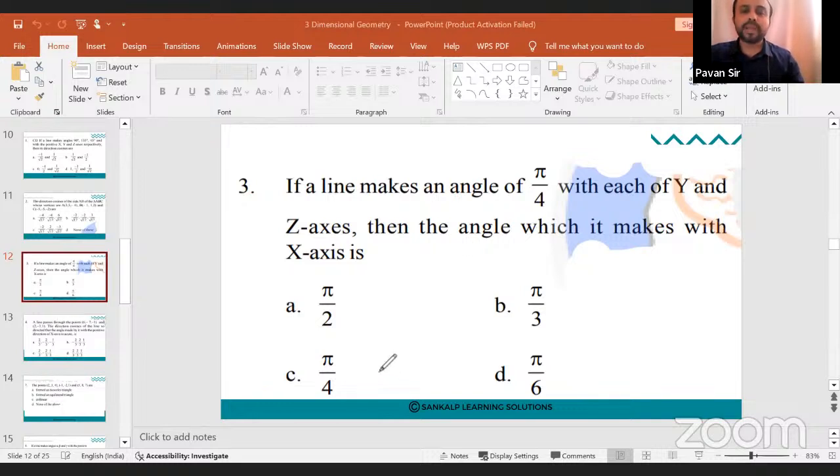Pi by 2, pi by 3, pi by 4 and pi by 6 are the options. Try to get the answer. Option A pi by 2, option B pi by 3, option C pi by 4, option D pi by 6.